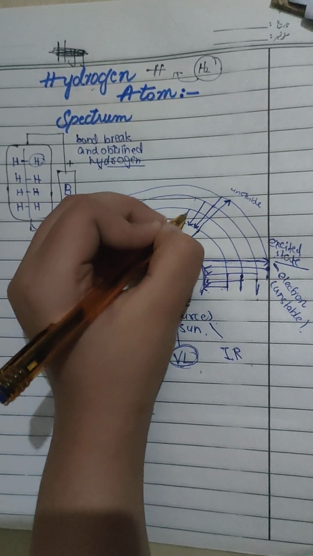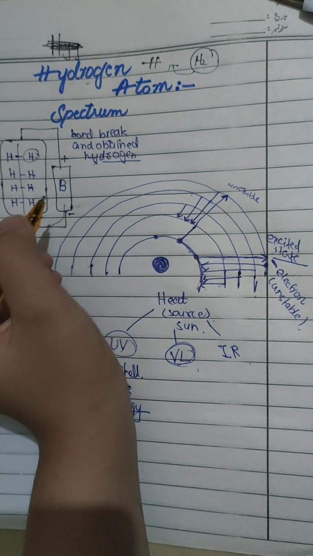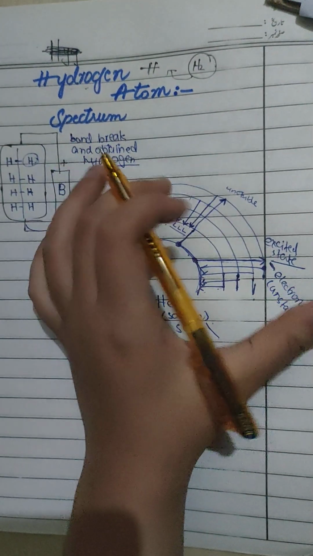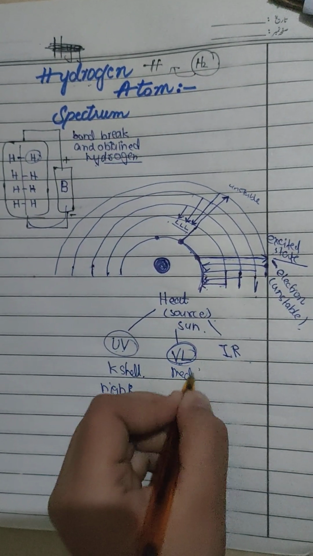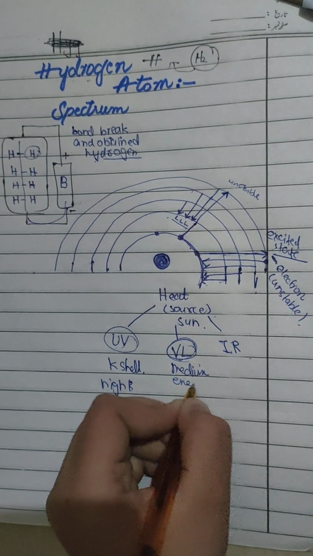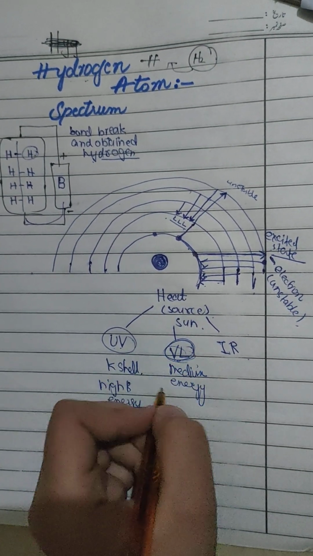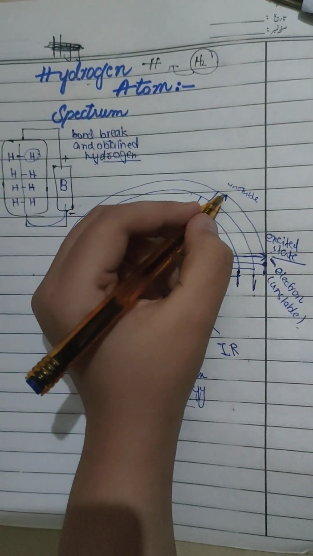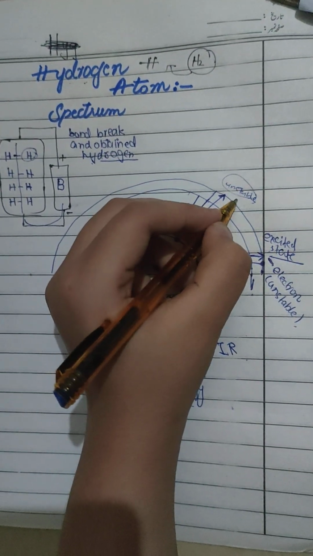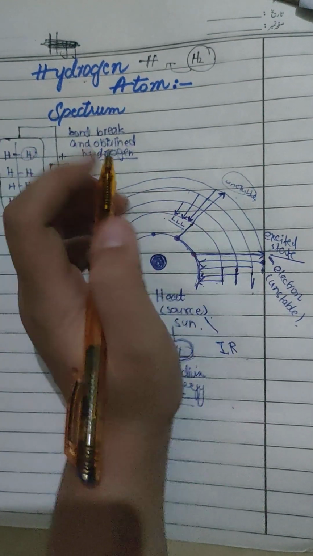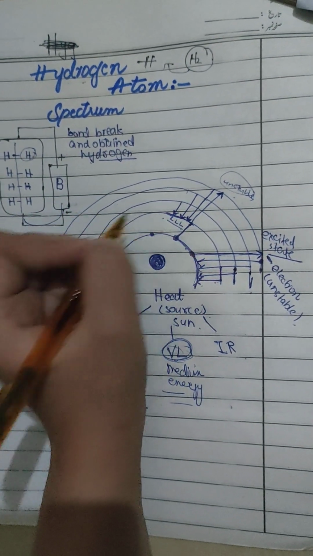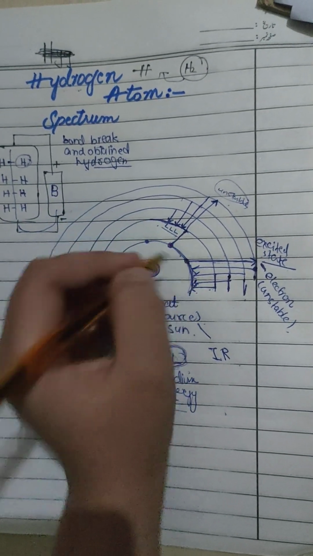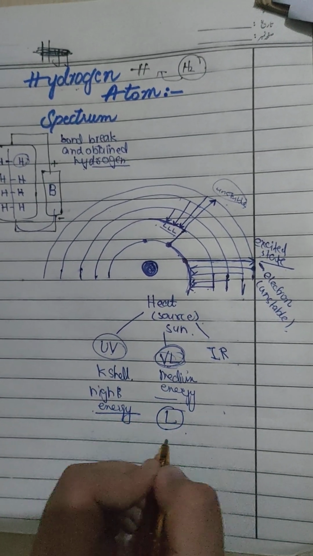Fine. This electron will come to the L shell, because here we give medium energy, not higher, not lower. So with medium energy, when it moves up it becomes unstable, and when it comes down it becomes stable at the L shell. From that we notice that L is one type of orbit and K is one type of orbit, right? Here we got the L shell.